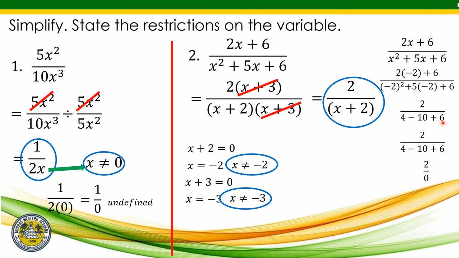Then, simplify natin 2 over 0. So, 4 minus 10 is negative 6 plus 6. It is equal to 0. So, kapag ang value ay negative 2 ng ating variable, magiging 0 ang ating denominator at mag-result as undefined yung ating rational expression. So, tama yung solution natin.